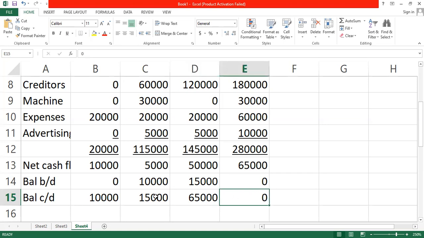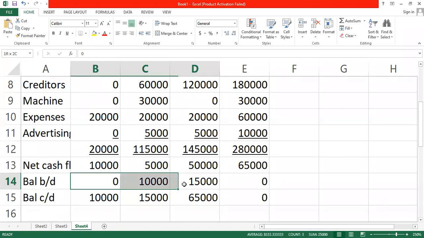I think we only take the first opening balance. For instance, if you are taking total, you just take the opening balance for July and add it to the total over there. Are you okay? So this is how we do the total. But if you are not asked to prepare the total, you prepare it on an individual basis and show these figures.